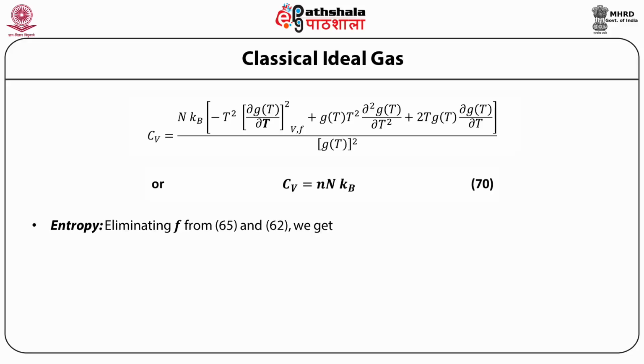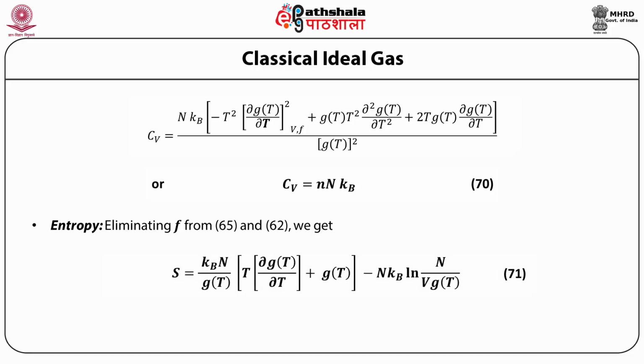We get S is equal to kB n divided by g(T) multiplied by T times the partial derivative of g(T) with respect to T plus g(T), minus n kB log of capital N divided by volume multiplied by g as a function of T. One can see that it is an extensive quantity.